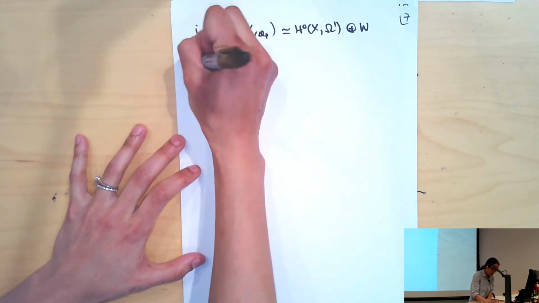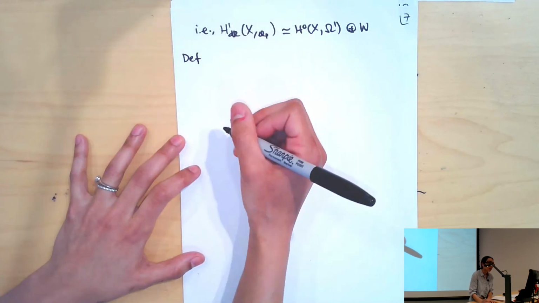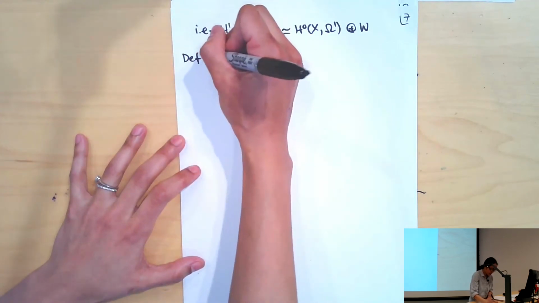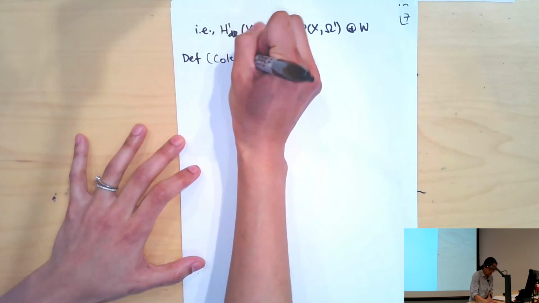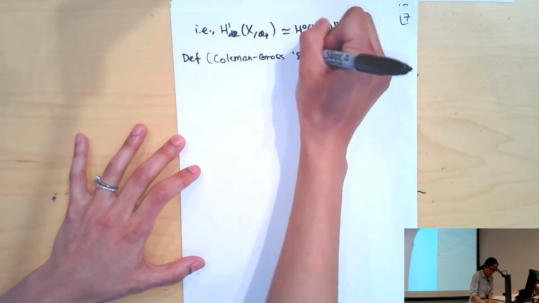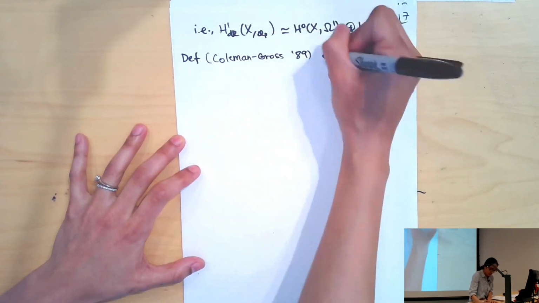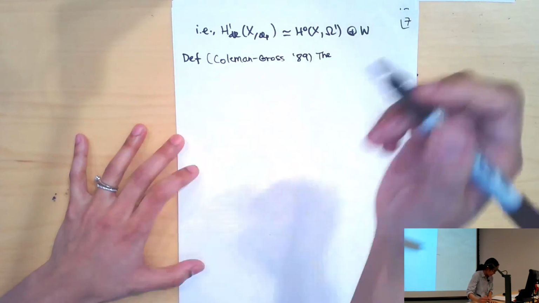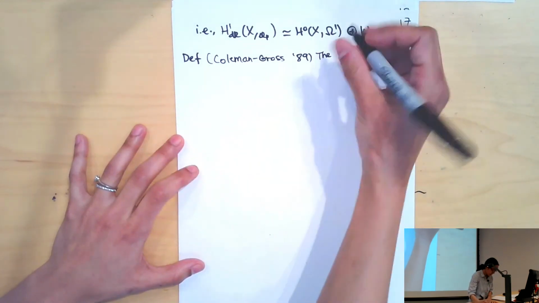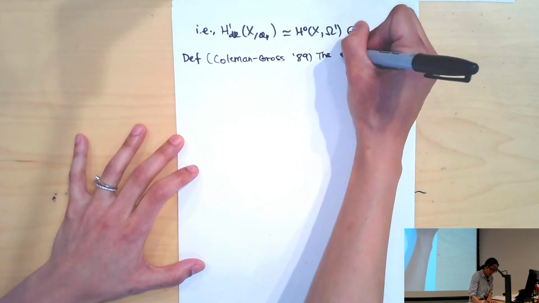So there are a number of constructions of p-adic heights in the literature. The one that I'll start with is due to Coleman and Gross. There's foundational work of Mazur and Tate, Neron, Schneider, among others.